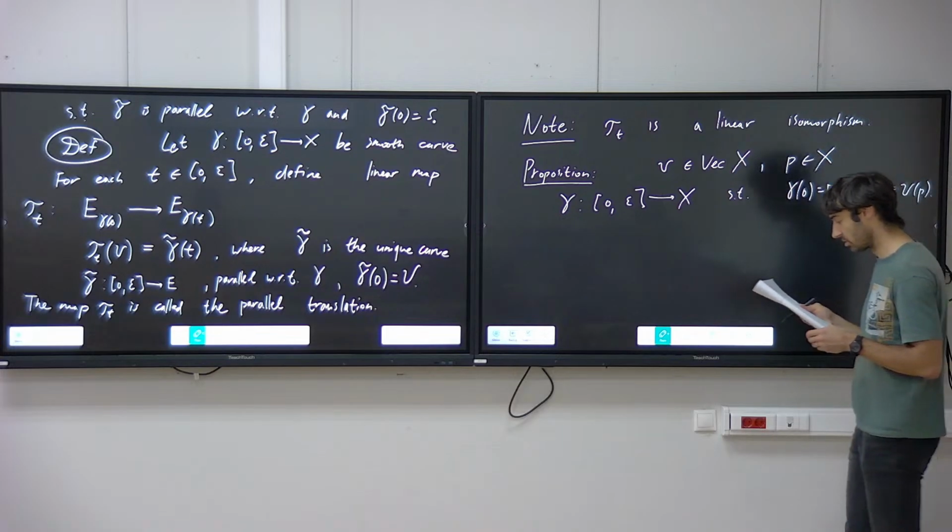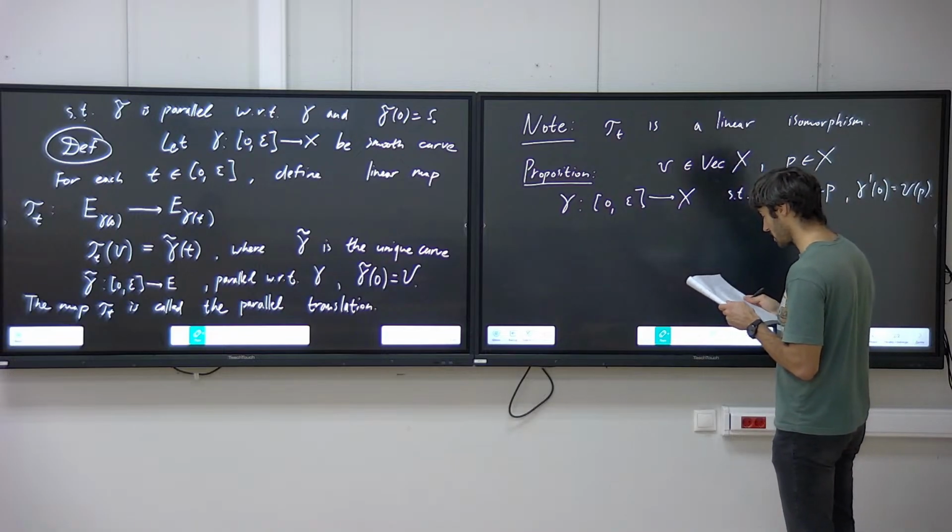So I have gamma with such initial conditions.